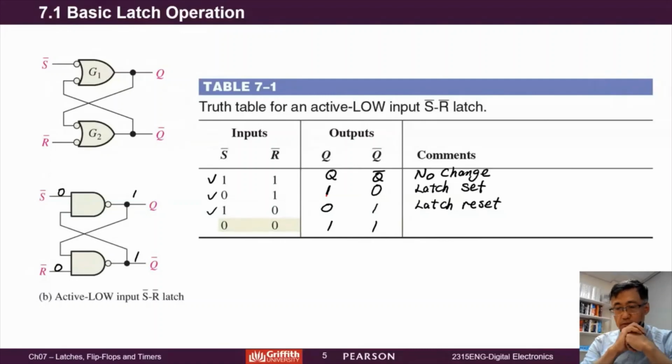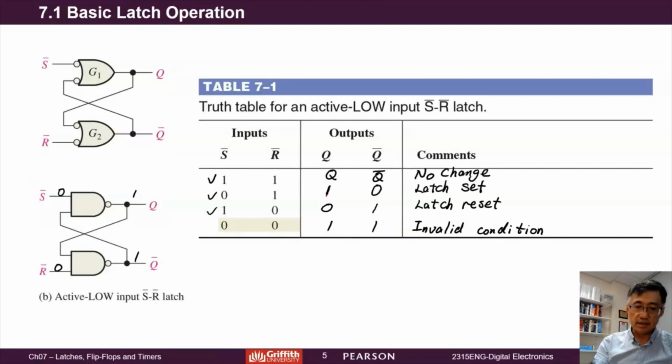Okay. So actually this is called an invalid condition. So this is not what we want to see, but actually it exists in this circuit. Because the outputs are supposed to be inverted with each other. One is high, one is low. One is low, one is high. But now it's always high. Both are high. So this is not good for our circuit application.